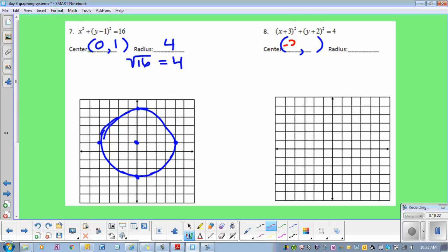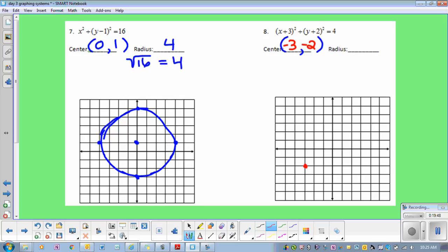All right, so -3 is the x value for my center. Now look at the y squared. What number is inside the parentheses with the y? What's the opposite? All right, so that's your center. And when you have just a plain old x squared or y squared, that means it's 0. Okay? So -3, -2.